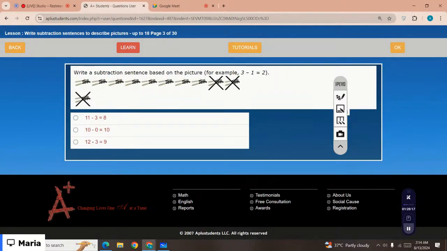Next one is write a subtraction sentence based on the picture. So which is the correct option?